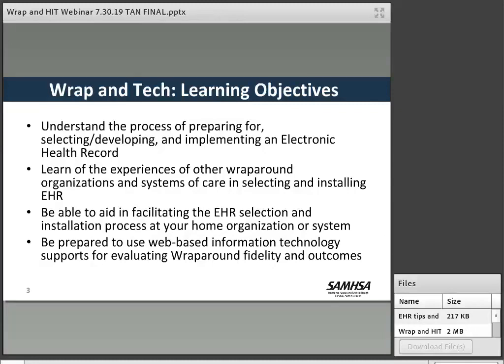Okay, so getting back to the topic for today. We certainly know that health information technology is a critical piece of health and behavioral health care delivery. We here at the National Wraparound Initiative and National Wraparound Implementation Center have been embracing and trying to promote different kinds of information technology, web-based and otherwise, to promote high-quality implementation of wraparound for many years.